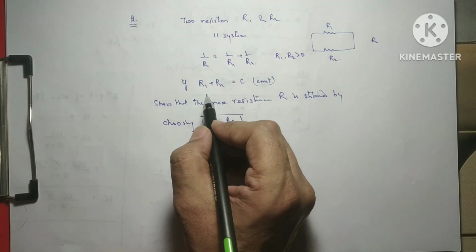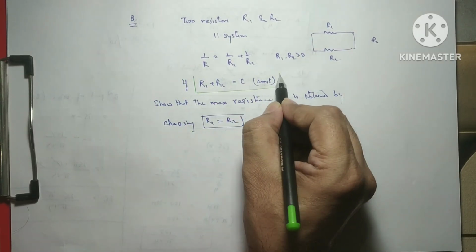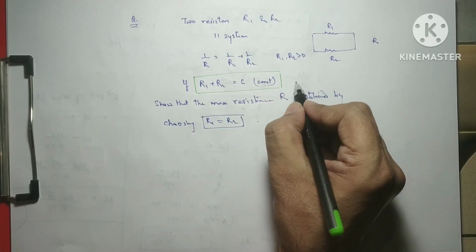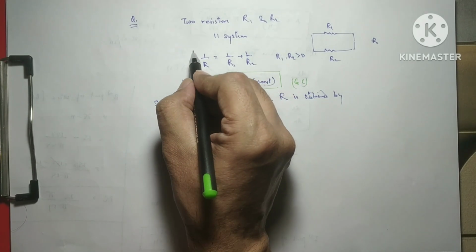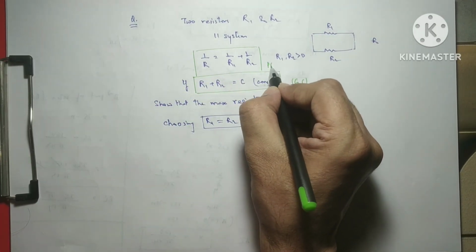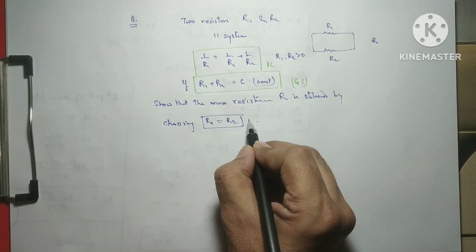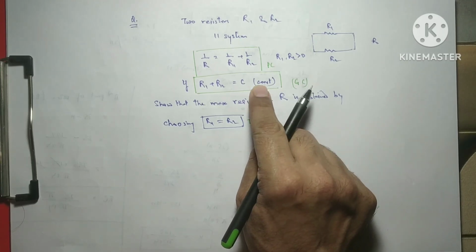We have a given condition. This is the given condition. This is the proving condition, and it is the intermediate condition. So we will start with the given condition.